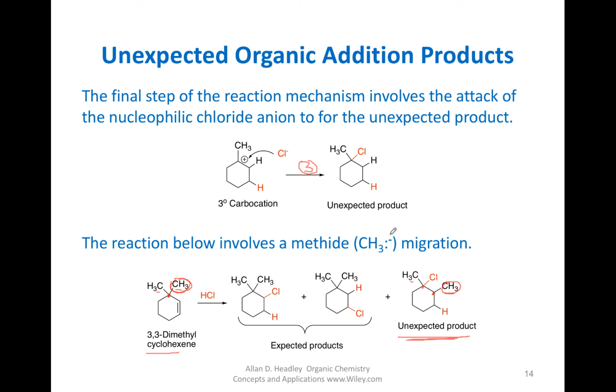In this case, it will be a methyl group with its pair of electrons, and that's called a methide anion or methide ion. Since it's moving from carbon 1 to carbon 2, it's a 1,2 methide migration. So the same 3 steps can be used to explain the formation of this unexpected product by writing a 3-step mechanism.